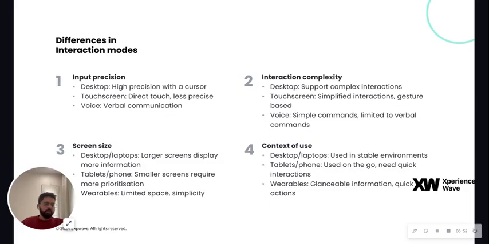but it is rather more intuitive as well. And when it comes to voice, you do not have any visual feedback for the input that you provide. It solely relies upon verbal communication.